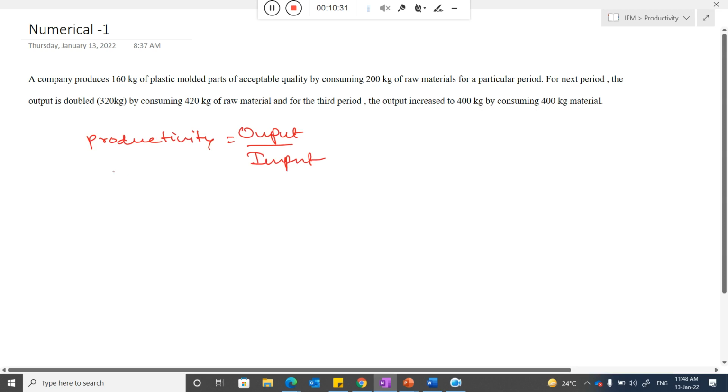Suppose during the first year or first period, you can write, first year production is 160 kg. Okay, so in that particular time, what is the productivity?